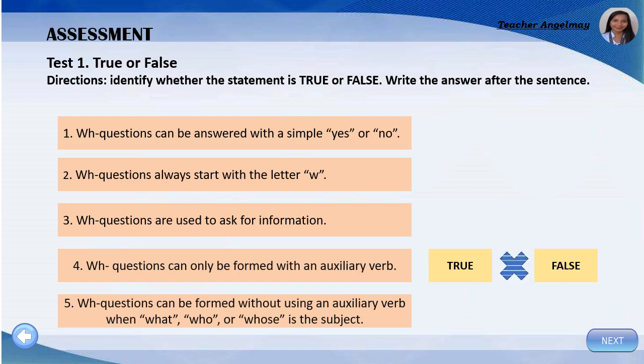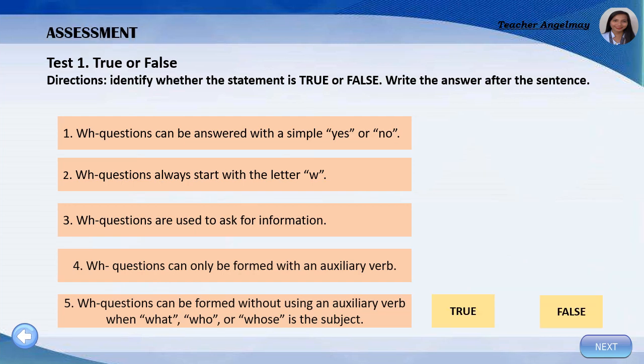The answer is false. Last number. WH questions can be formed without using an auxiliary verb when what, who, which, or whose is the subject. What is the answer? The answer is true.